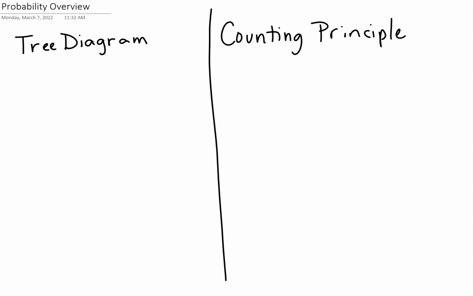The nice thing about tree diagrams is you can see what all the outcomes are. You actually know the outcomes, like heads, heads, heads, tails, tails, heads, tails, tails. So we can write that down. You can see what all the outcomes are.